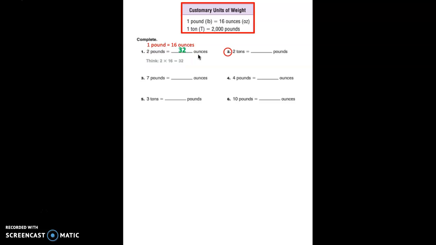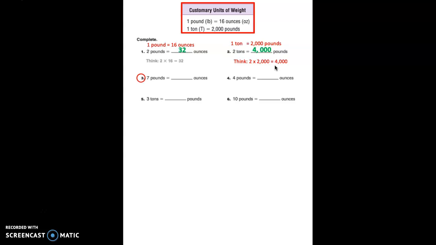Number 2, 2 tons equals blank pounds. I know 1 ton equals 2,000 pounds. So 2 times 2,000 equals 4,000. So 2 tons equals 4,000 pounds.